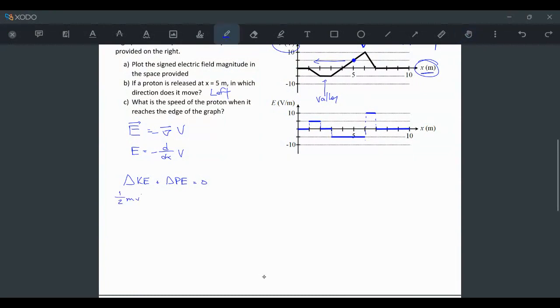If this proton is released from rest, and it's going to start moving to the left, we can understand that it picks up some speed. If it starts at 0 kinetic energy, it may end up at some amount 1/2 mv squared.